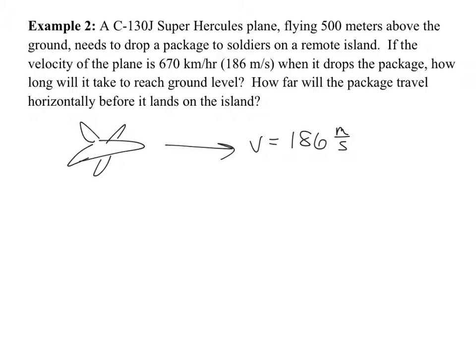So it has some horizontal initial velocity, but it doesn't have any vertical. I'm not throwing it down. I'm not throwing it at an angle with some vertical velocity. I'm not tossing it up, waiting for it to come back down. I'm moving horizontally and dropping. And it follows that parabolic path, the same thing as that. So this problem is identical to the last problem. We're just going to change some things up, find some different variables.